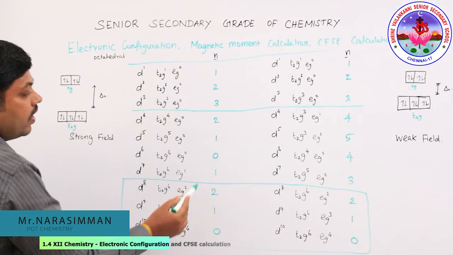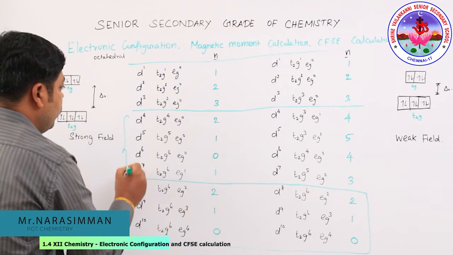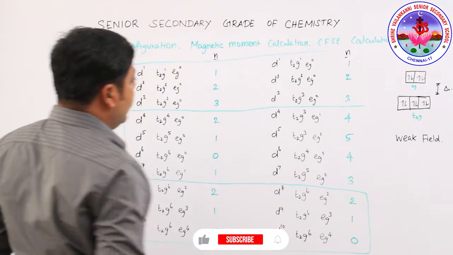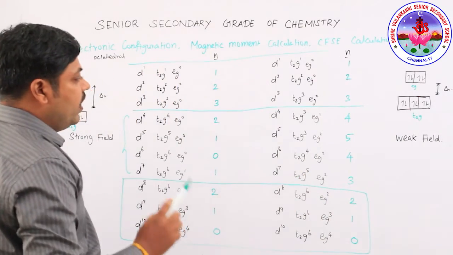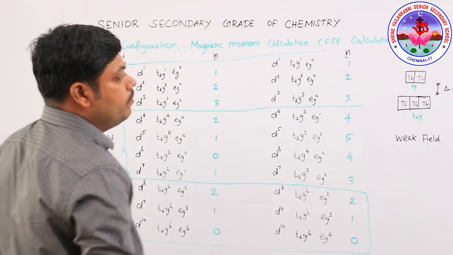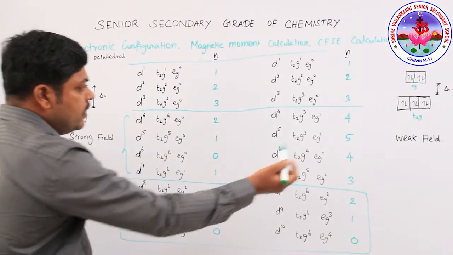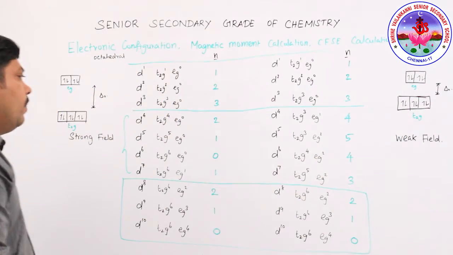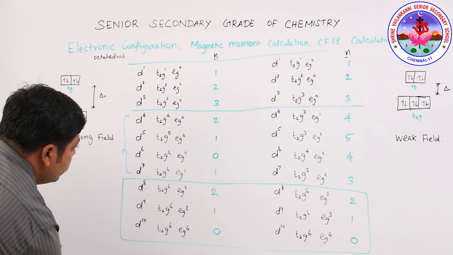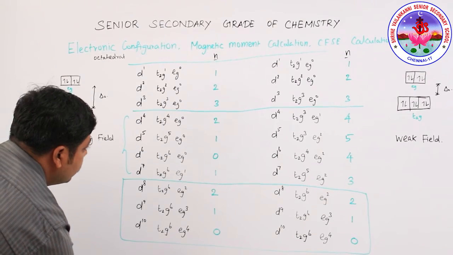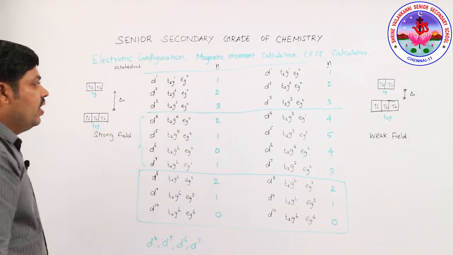So the number of unpaired electrons is also the same. Changes occur only from D4 to D7. The maximum possible number of unpaired electrons is 5, because we have only 5 d orbitals. That is why 5 unpaired electrons are possible. So the changes are only for D4, D5, D6, D7, between strong field and weak field.